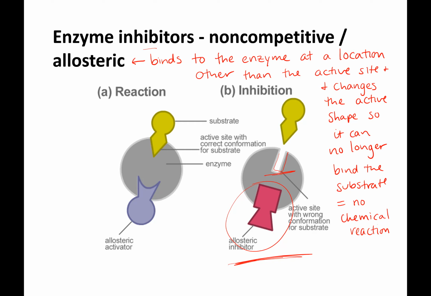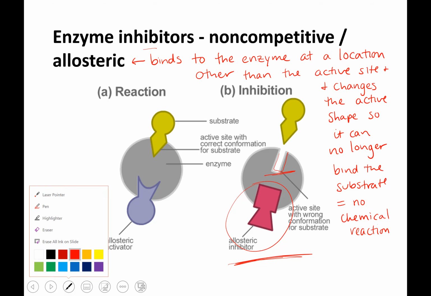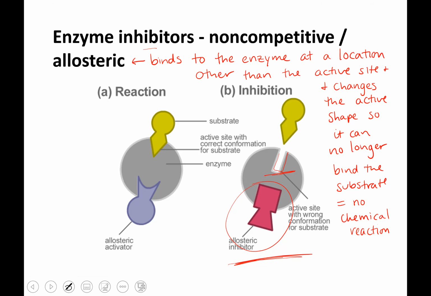Now, there are also allosteric activators, and this is not what you need to know, so I'm just giving you this as an aside because it's talked about in books. An allosteric activator, you could figure this out because you know allosteric means a different site. An activator is something kind of opposite of an inhibitor, right? So it activates, it promotes. So an allosteric activator will actually bind to the enzyme and make the active site functional.